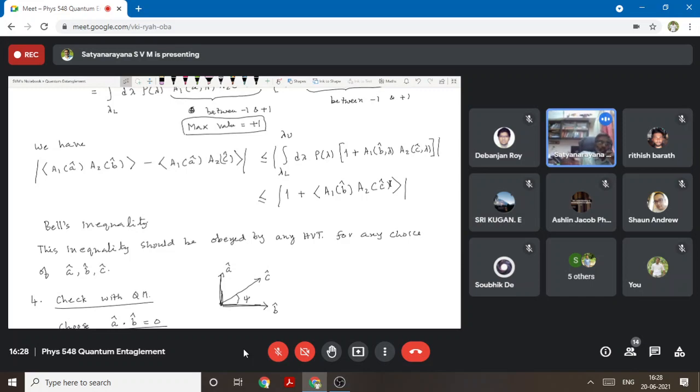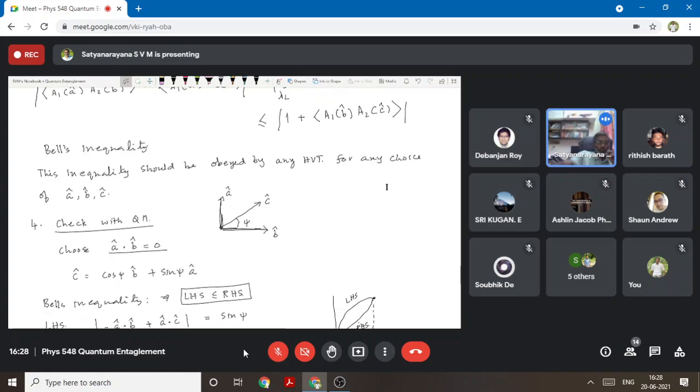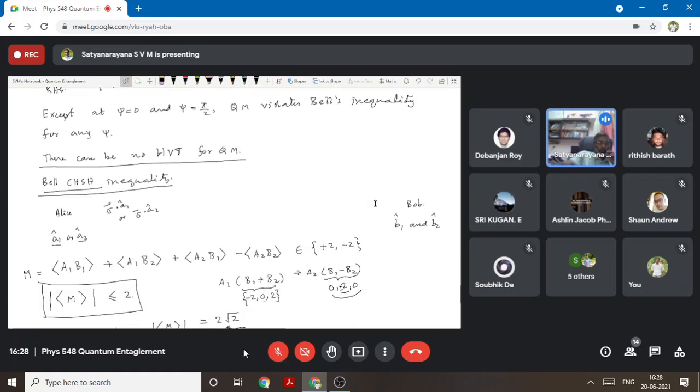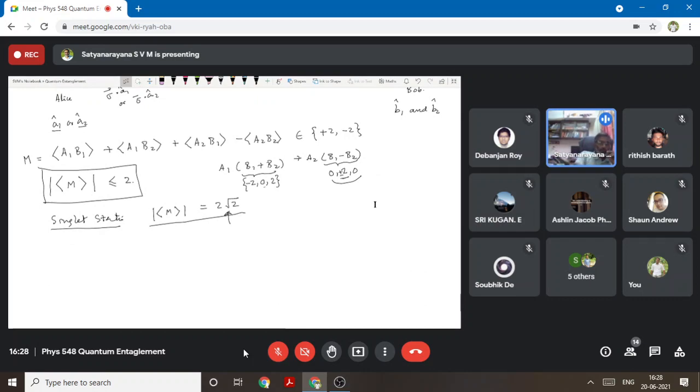The correlation functions are chosen in such a way that with 4 measurements, the smallest integer you can get is only 2. So he wanted to find a correlation function which will be less than or equal to 2. In Bell's case there were 2 measurements, so he wanted minus 1 and plus 1. Here it's 4 measurements, so it is constraining. Correct.